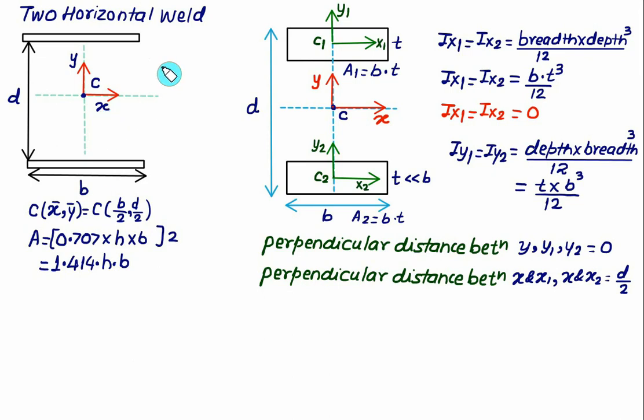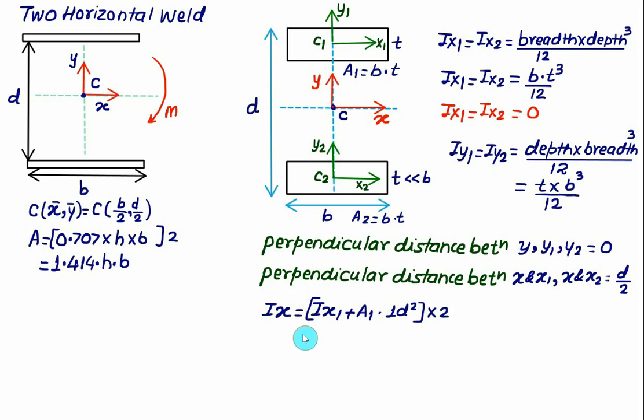So I will show the bending moment here equal to M. So I require the value of Ix. Only the value of Ix is required, and the total value of Ix is nothing but, by the parallel axis theorem, we have Ix1 plus area A1 multiplied by perpendicular distance square. Since Ix1 and Ix2 are identical values, A1 and A2 are also the same value, we have to multiply by 2 times.